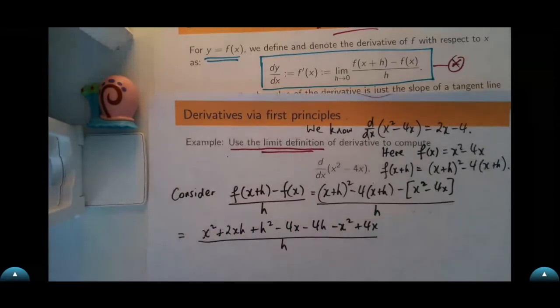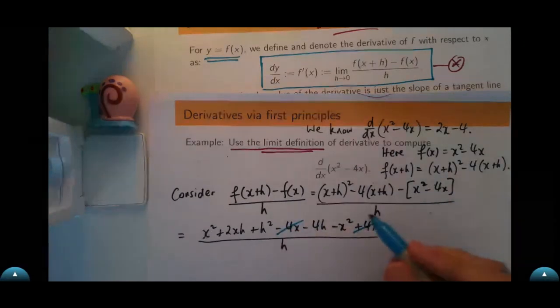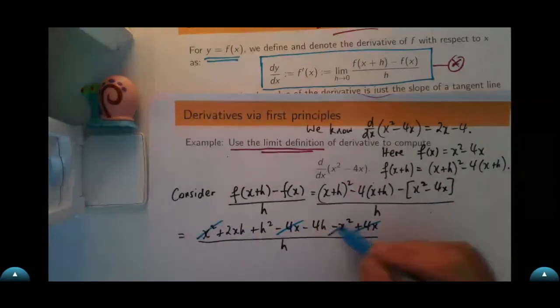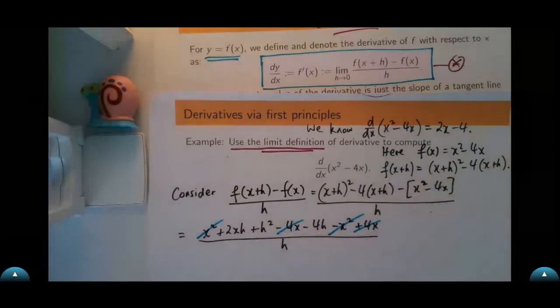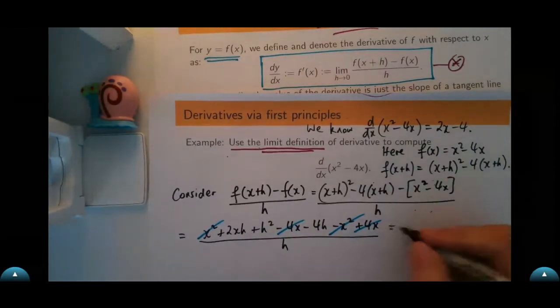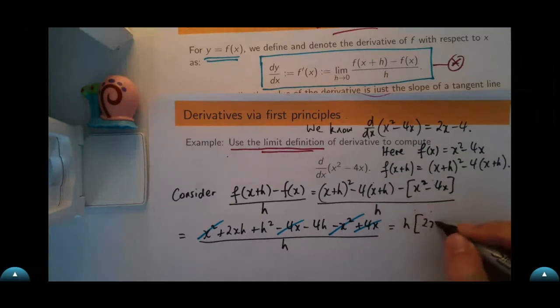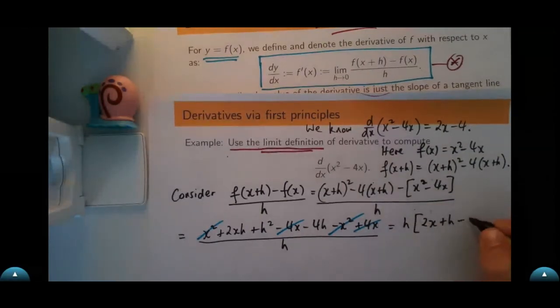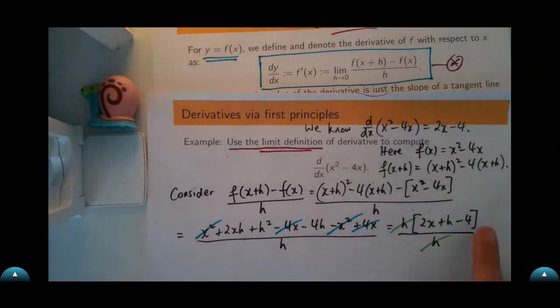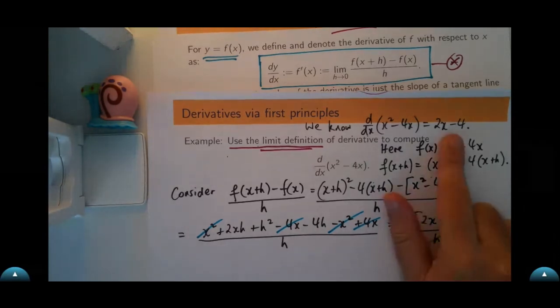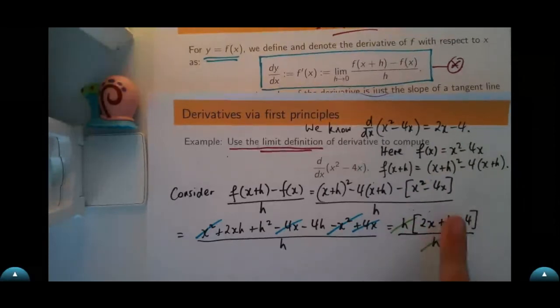So we get a mess, and hopefully we can simplify. So that's going to go with that. That's going to go with that. And we've got these 3 terms left over. And you can see, oh my goodness, there's a common factor of h. So what I can do is factorize, and before I take my limit, cancel. And the last thing I'm going to do is take that limit. We know it should be that. As h goes to 0, this disappears.